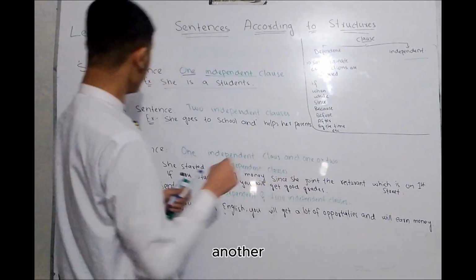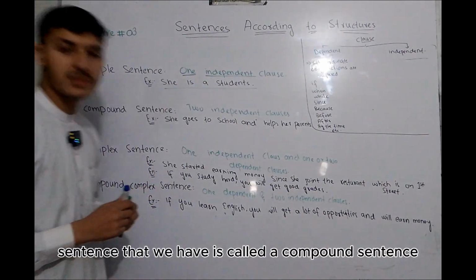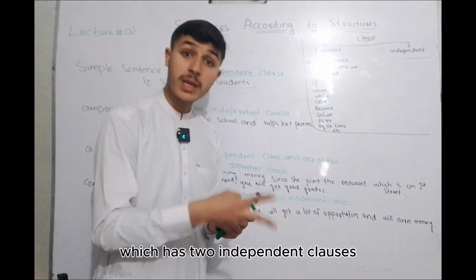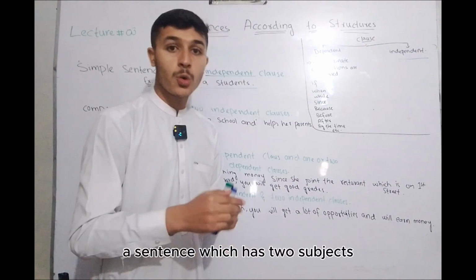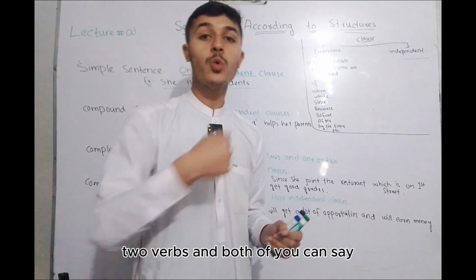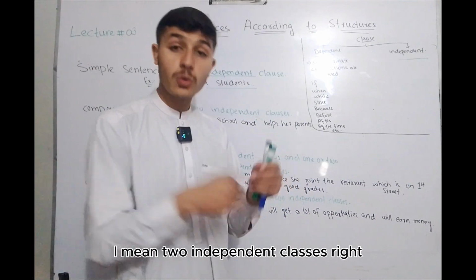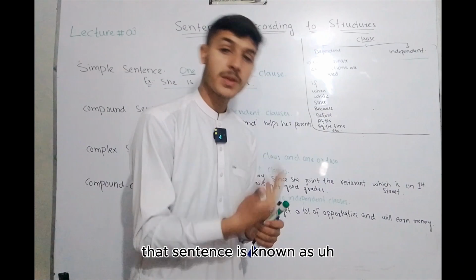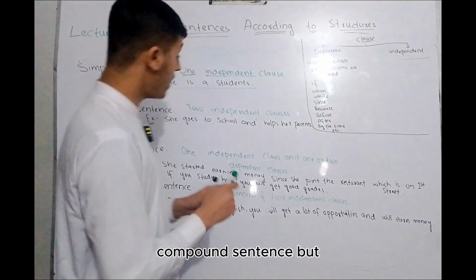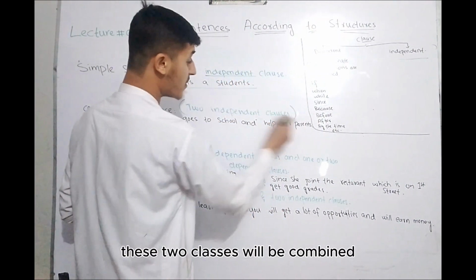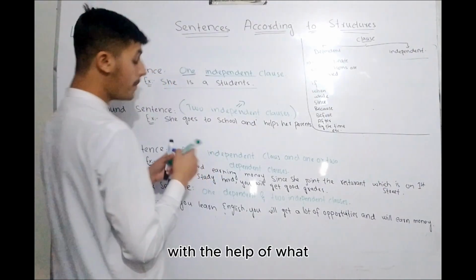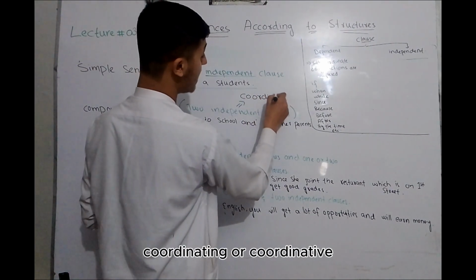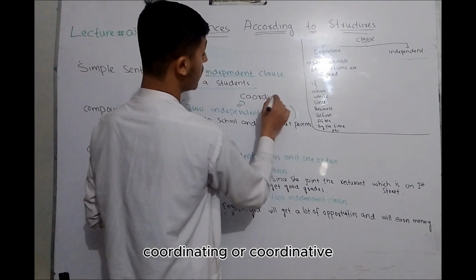Clear? Another sentence that we have is called a compound sentence. My dears, a compound sentence is a kind of sentence which has two independent clauses. A sentence which has two subjects, two verbs, and two independent clauses is known as a compound sentence. But these two clauses will be combined with the help of coordinating conjunctions.